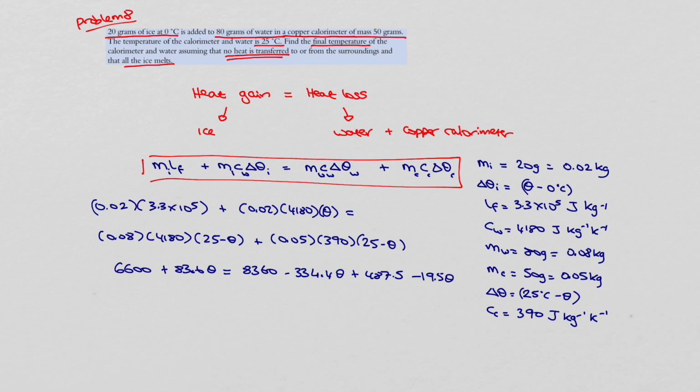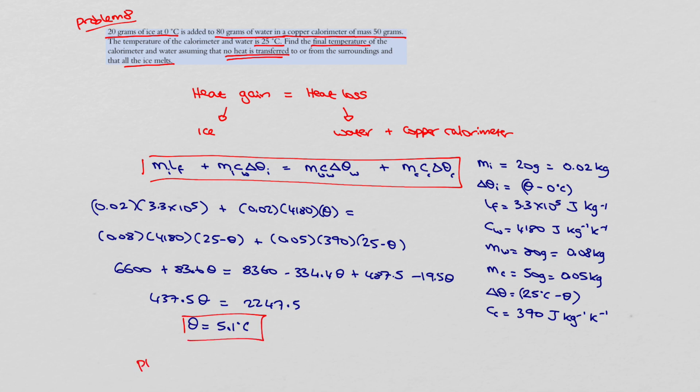If we bring all the thetas to the left-hand side, that gives me 437.5 theta. And if I bring all the numbers to the right-hand side, that gives me 2,247.5, which means the final temperature is 5.1 degrees Celsius.